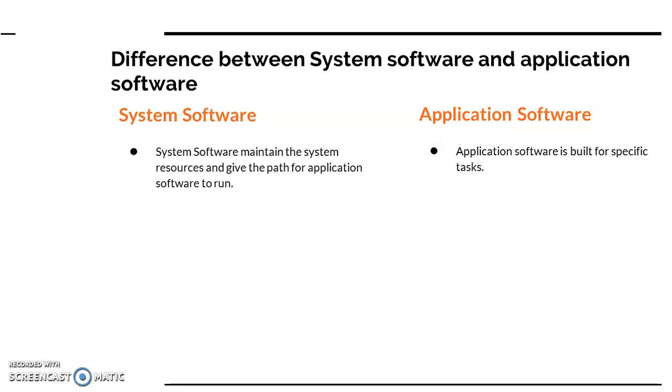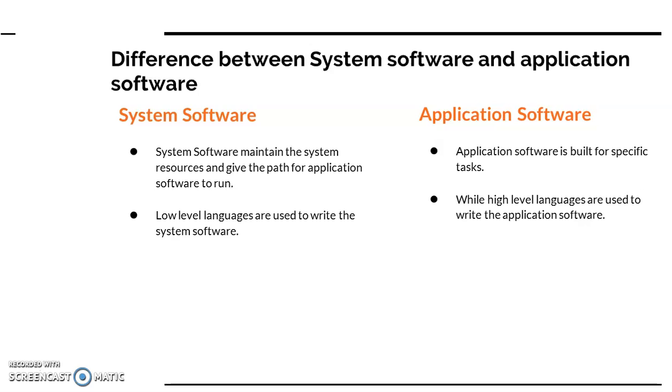So VLC is dedicated to one particular task. Then system software is written in a low level language, whereas high level languages are used to write application software. This low level and high level concept we will discuss later on.